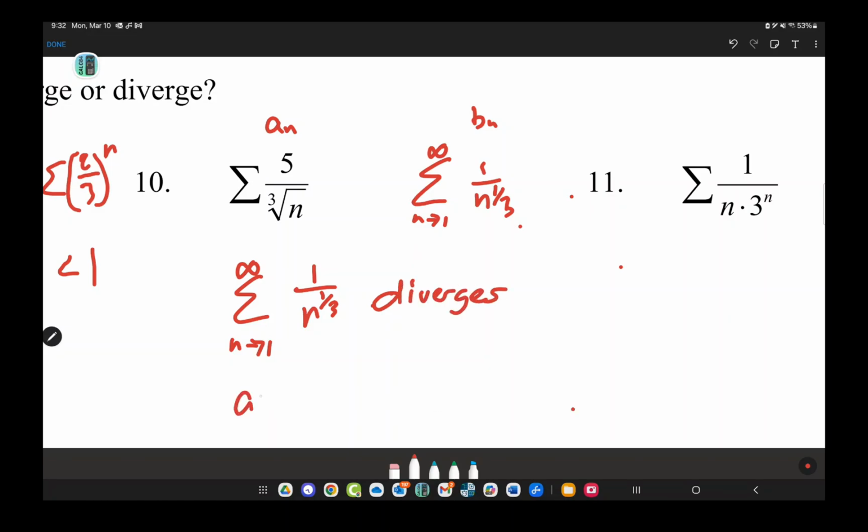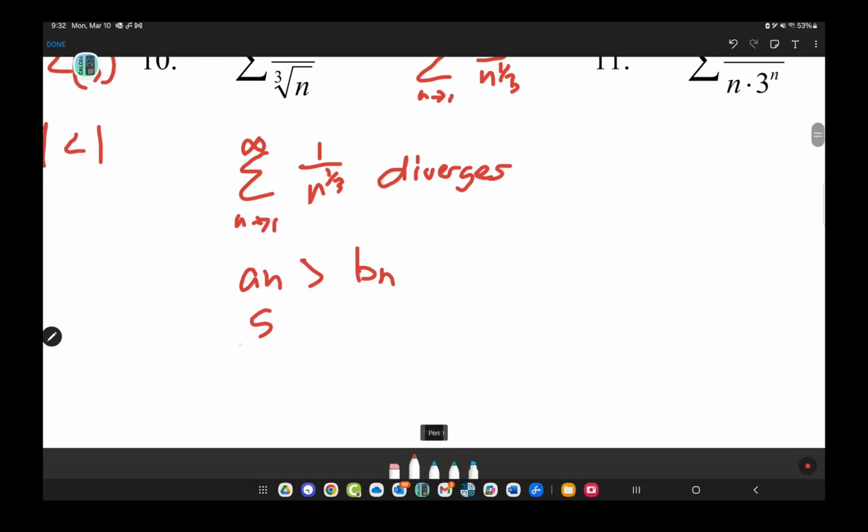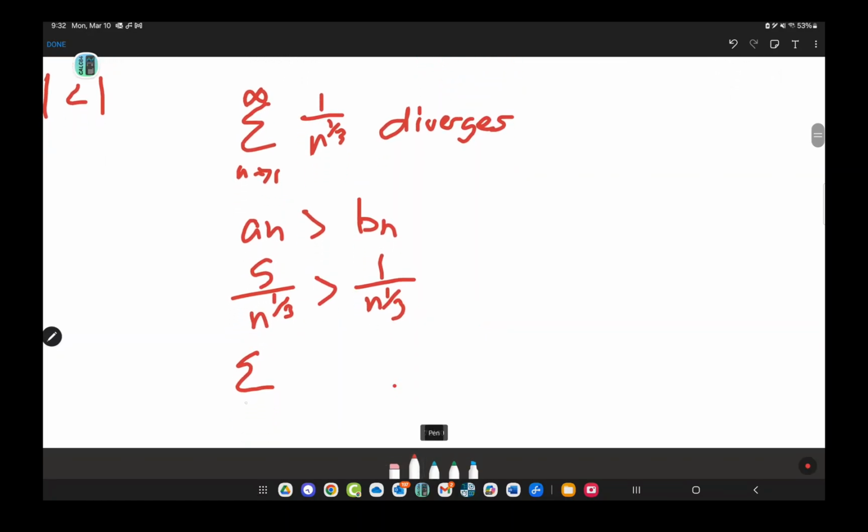And since an is greater than bn, 5 over n to the 1/3 is greater than 1 over n to the 1/3, the sum from n equals 1 to infinity of 5 over n to the 1/3 power must also diverge.